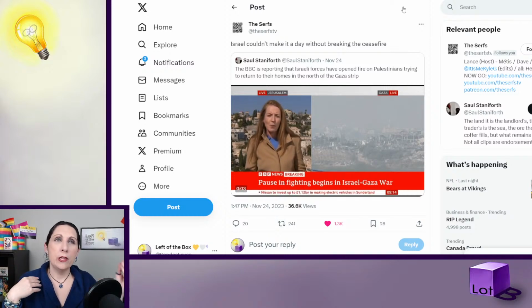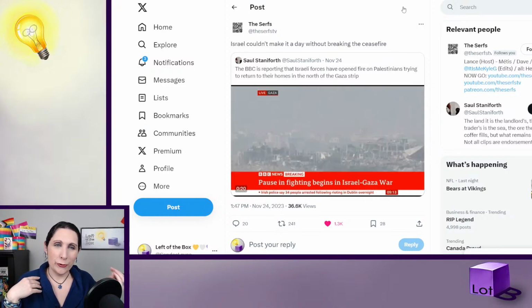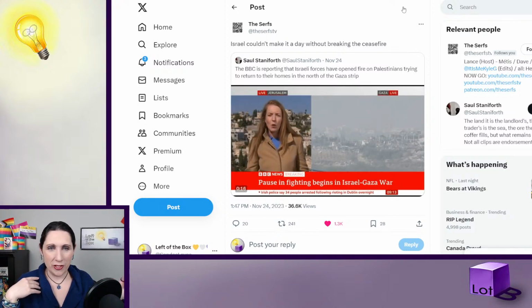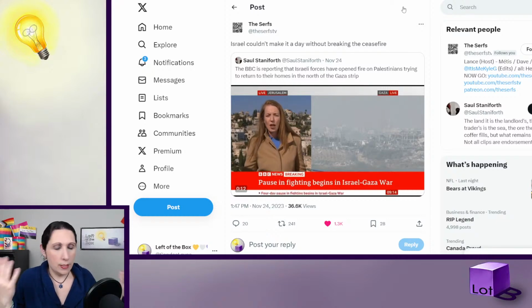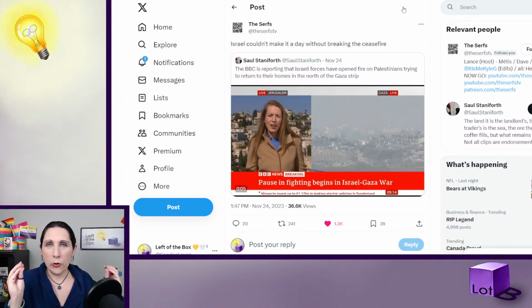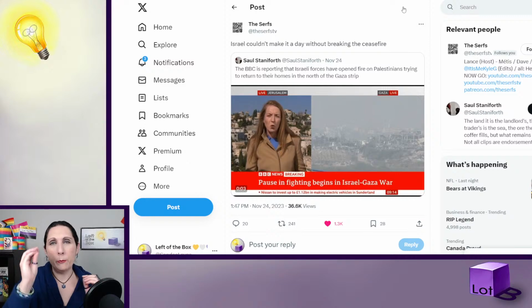Now, I say they're unlawfully imprisoned because I don't think Israel took them as bargaining chips. I don't view them as hostages. I view them as prisoners that were just plucked off the street and kidnapped and thrown into prison, whereas the people taken by Hamas were specifically meant for bargaining chips.